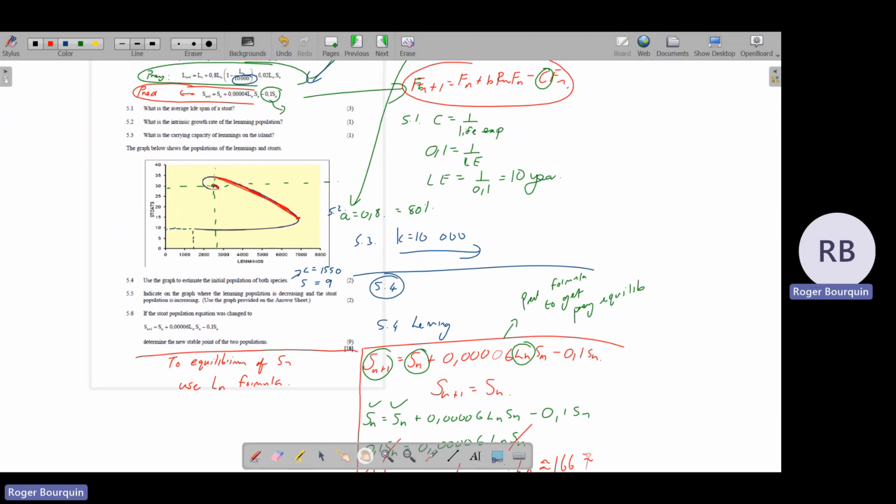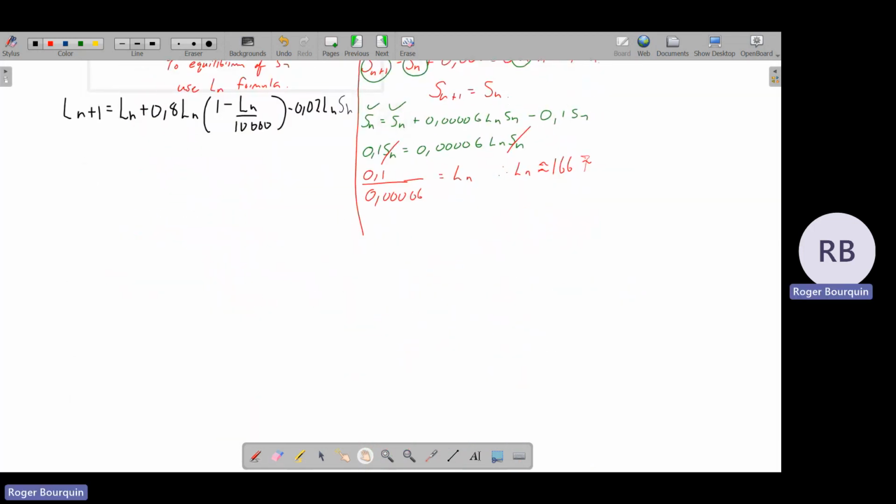So your lemming formula is L(n+1) = Ln + 0.8 Ln (1 - Ln/10,000) - 0.02 Sn. There's my formula. So first of all, what's your key idea with equilibrium?